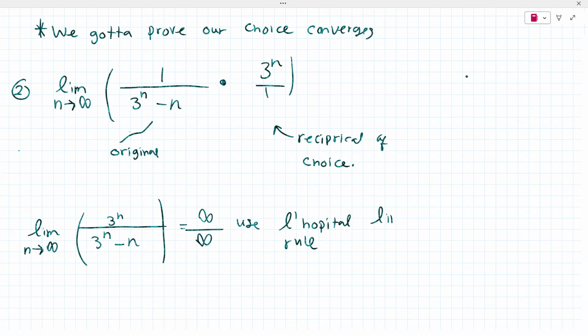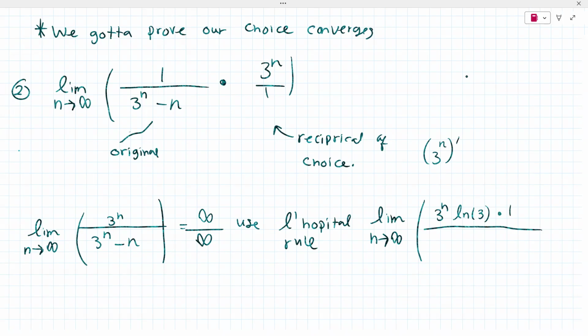So it's going to be the limit as n approaches infinity. And what is the derivative of 3 raised to the power of n? Well, it's going to be 3^n times ln of 3 times the derivative of n, which is 1. And then what's the derivative of the bottom, 3^n minus n?